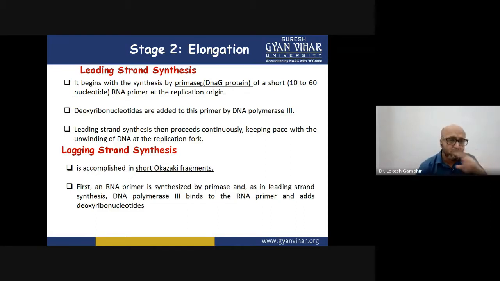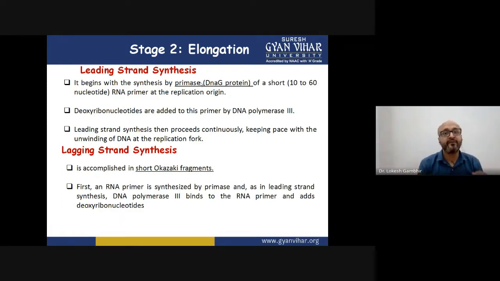Both the strands present here are divided into two categories: one is leading, another is lagging. The leading strand is the one on which the newly formed strand is synthesized continuously, whereas on the lagging strand the DNA replication happens in a fragmented manner and Okazaki fragments are formed.